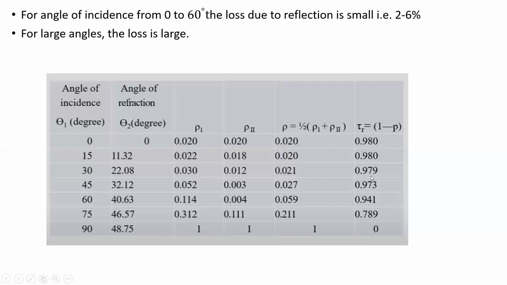So the angle of incidence must be very small, and for radiation which has almost no angle of incidence, we get maximum efficiency in a solar pond. At a higher angle of incidence, we can almost say that no sun rays are passing inside the solar pond.